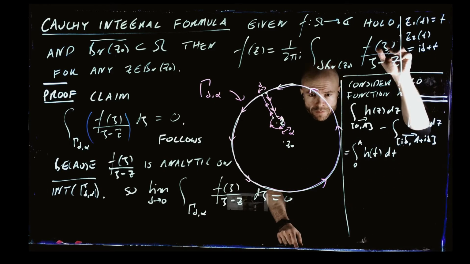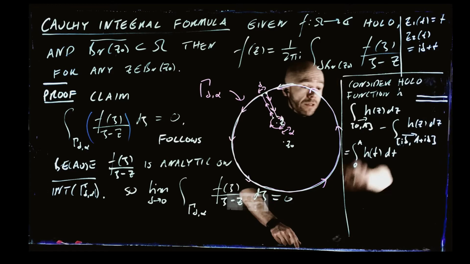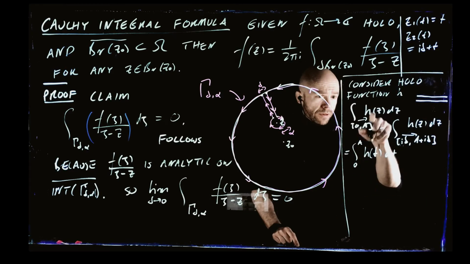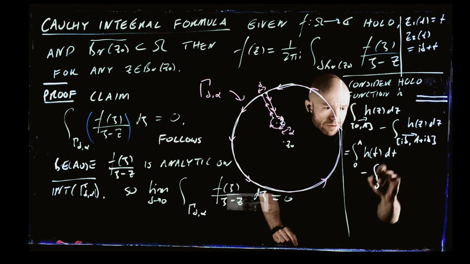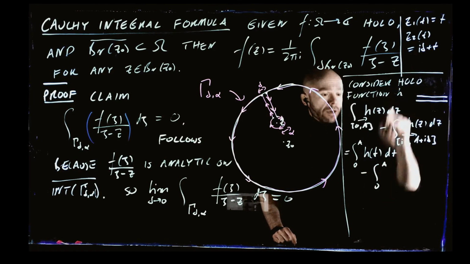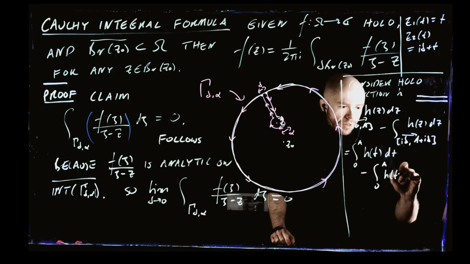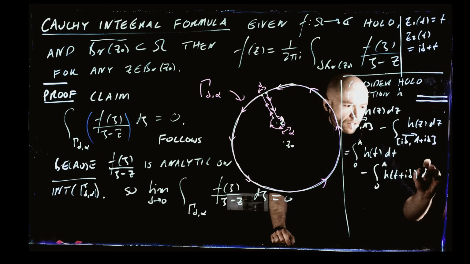So these turn into the integral from 0 to a of h(t) dt, and the integral from 0 to a of h(t + i delta) dt.